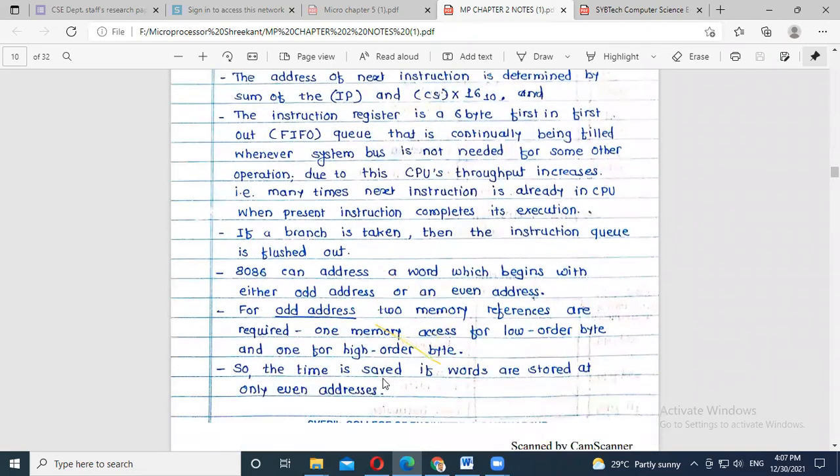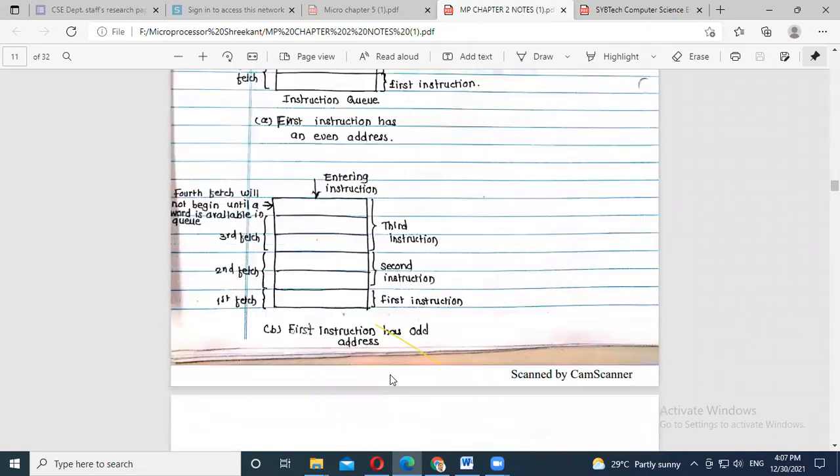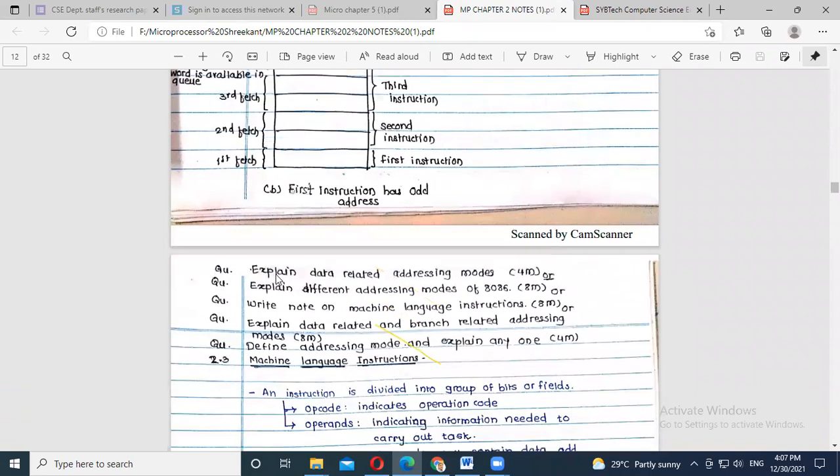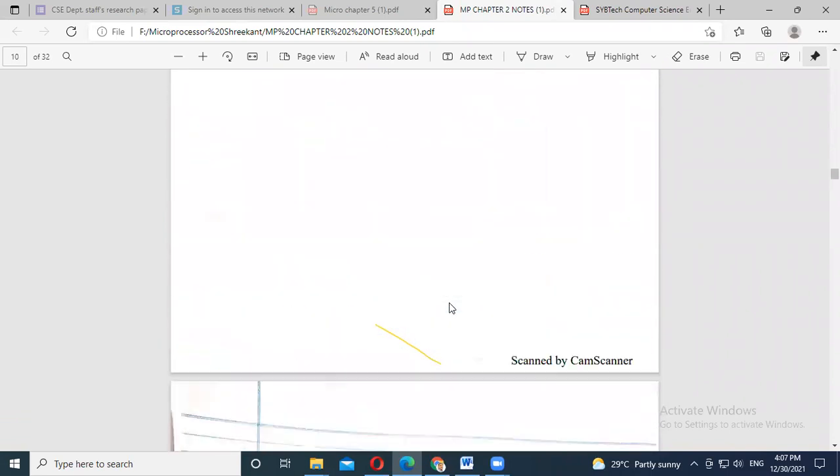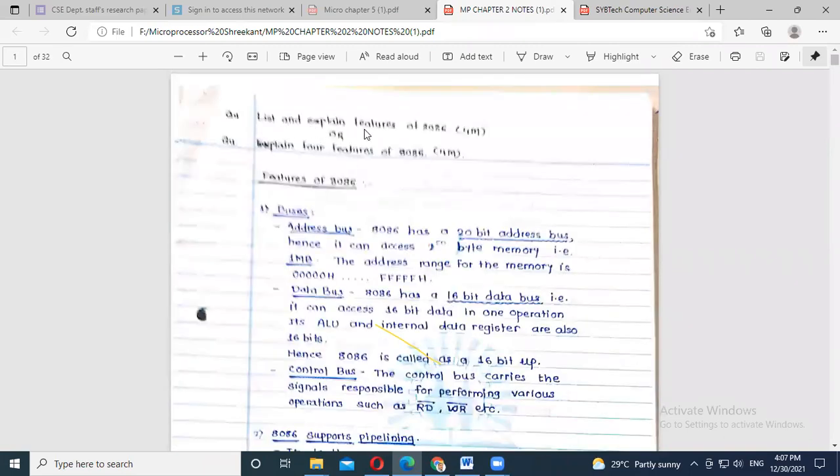So dear all students, I have to prepare some questions also. At the beginning I have to mention one or two questions. That is, list and explain the features of 8086, or explain four features of 8086.